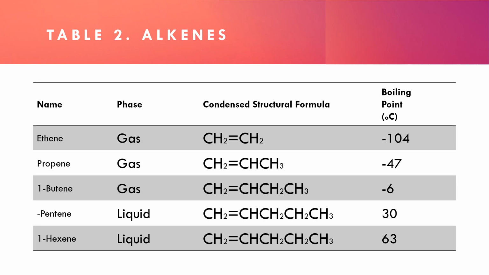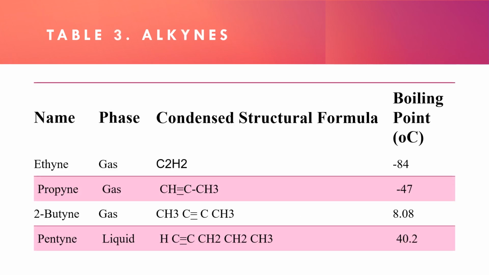Observe and study the table. Next, we have table 3, the alkynes. So after studying and observing the three tables, alkanes, alkenes, and alkynes, you have to answer the guide questions. So you can pause the video or look at your book to read the three tables. And after that, answer the guide questions.